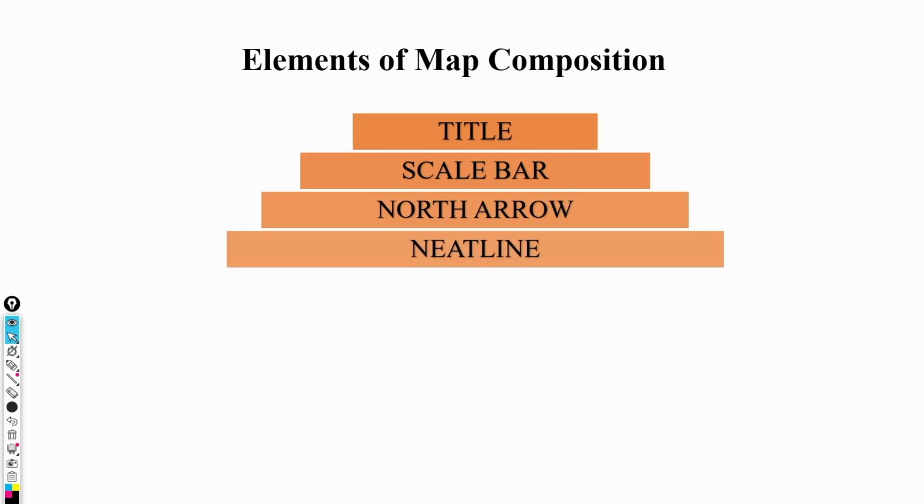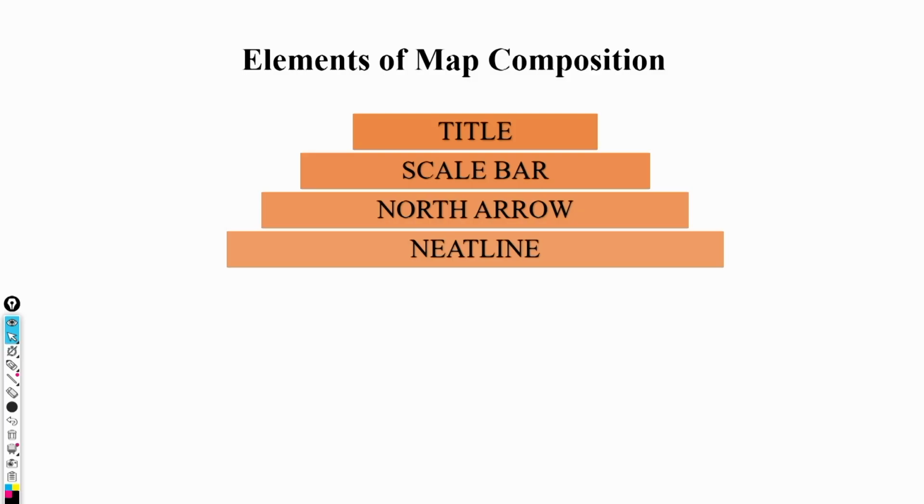Neat line is, as it says in the word, just to separate each component of the map and show it in a more attractive and cleaner way. There are a lot of elements in the map, so we put a few neat lines to represent it in a much better and clearer way. So neat line is used for that purpose.